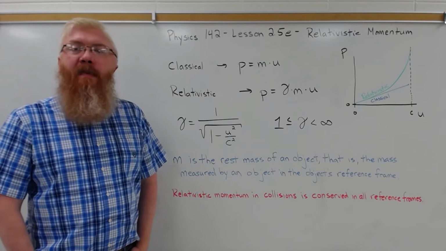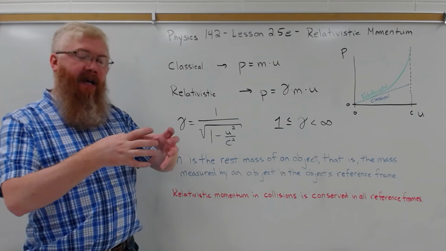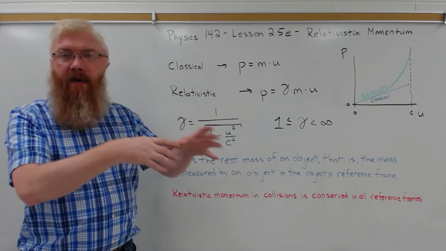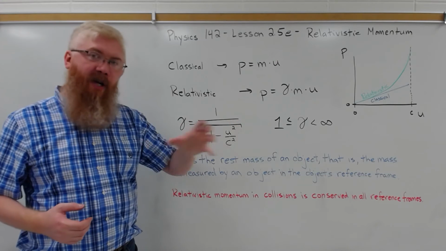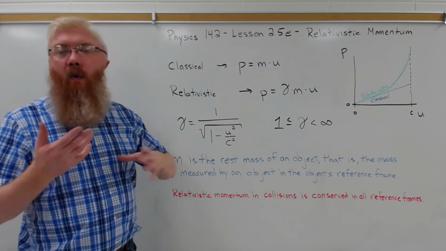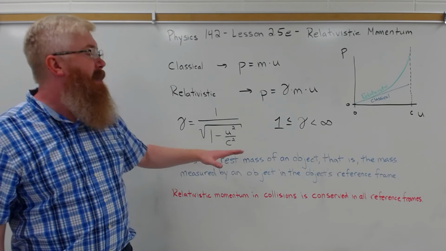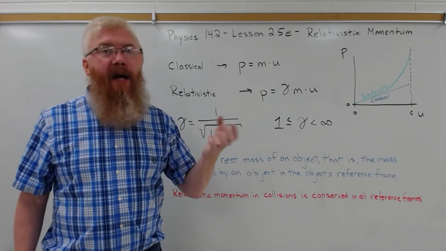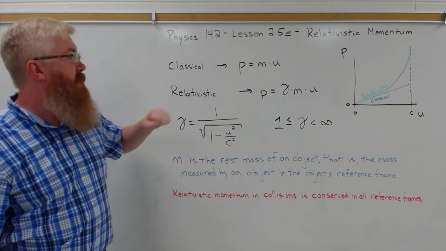It's the mass measured for an object in the same reference frame as the observer. If I place an object on a scale, or use gravity to weigh it, or measure its mass through changes in momentum, it's the mass measured in the reference frame of the object. I'm not traveling, I have no velocity with respect to the object. That's called the rest mass.